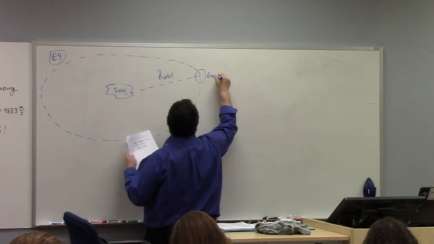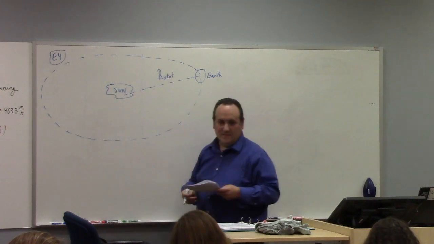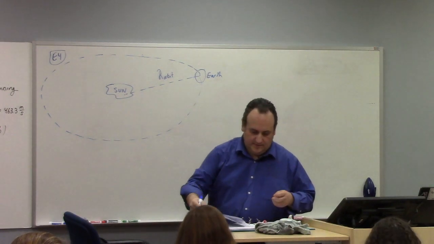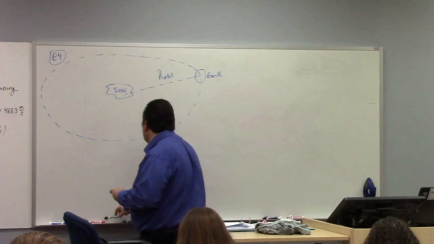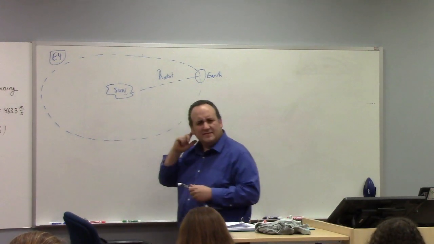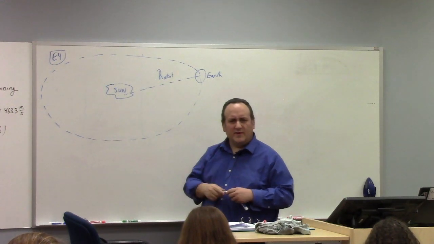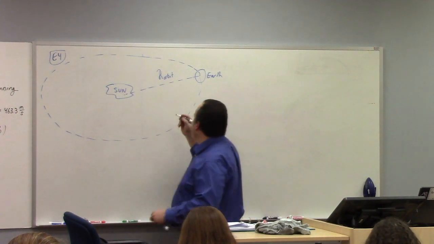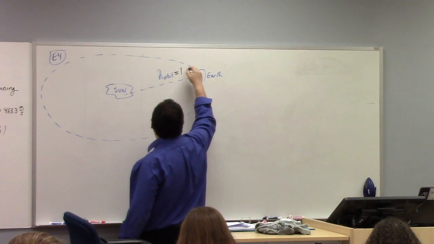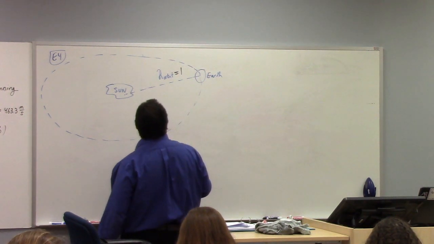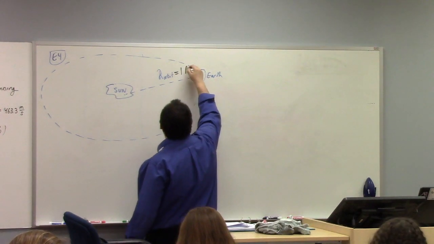How far is it from the Earth to the sun? 93 million miles? Is that right? So the answer is, I forgot the notation for it, but it's 1 astronomical unit.